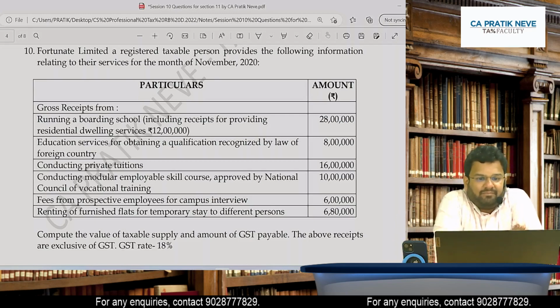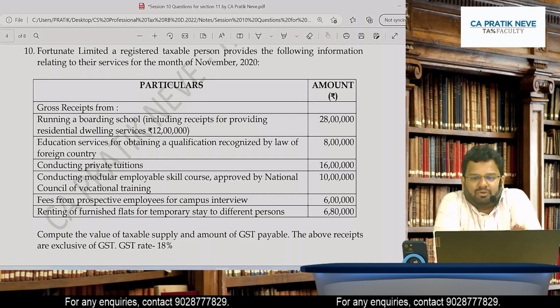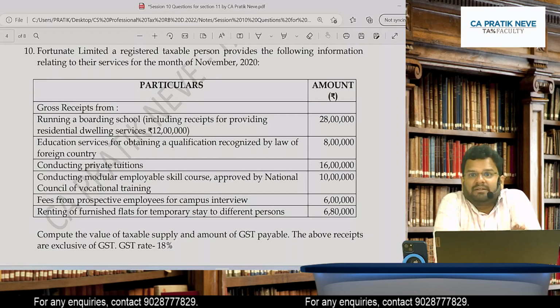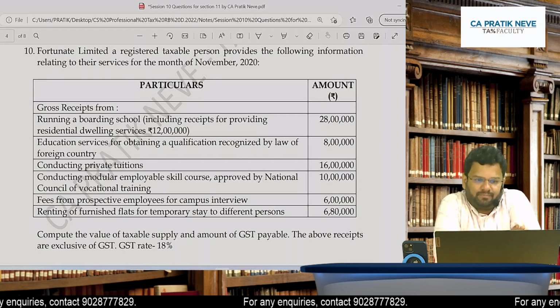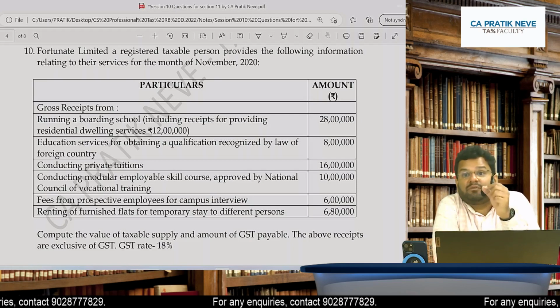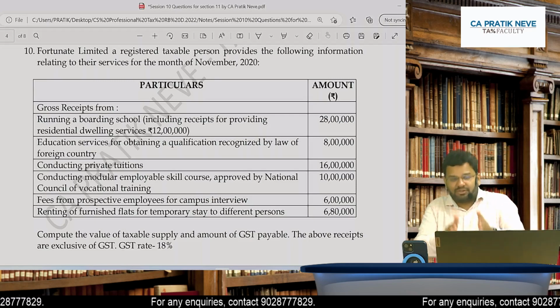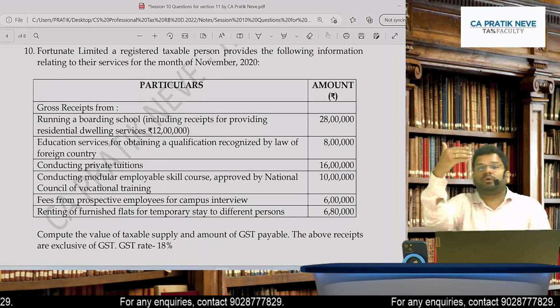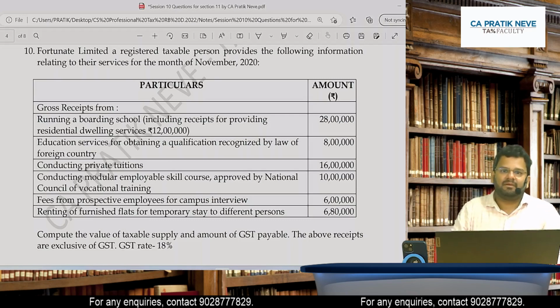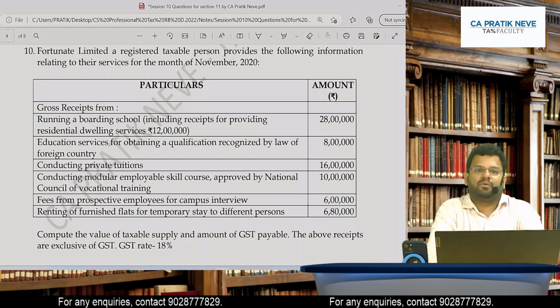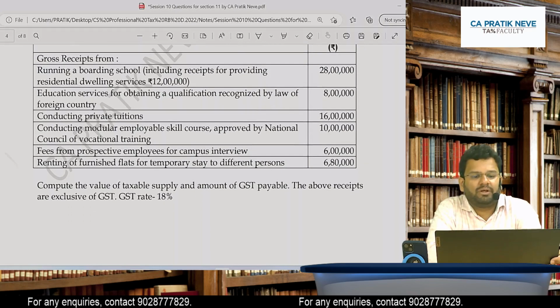Fortunate Limited, a registered taxable person, provides the following information relating to their services for the month of November 2020. Gross receipts from, means, you know friends, here education institutions have given outward supply. Do you agree? One, running a boarding school.